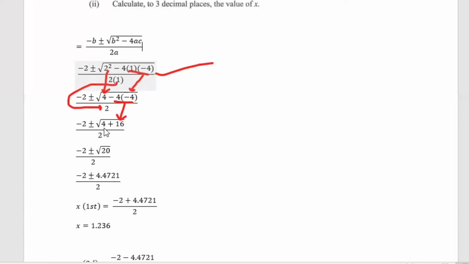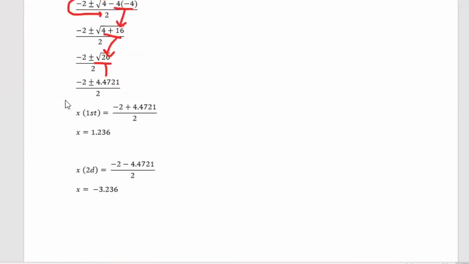Next we said 4 plus 16, that gives us 20. And next we found the square root of 20, which gave us 4.4721. And then in the final stage, there's nothing more to simplify, so we now go ahead and split our equation using the plus or minus sign right here.